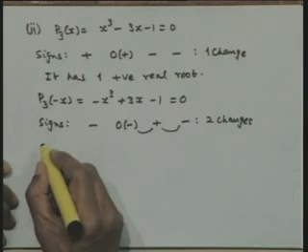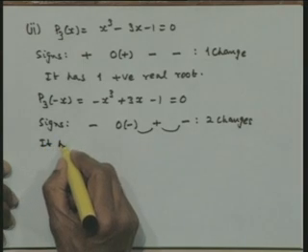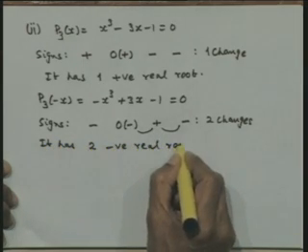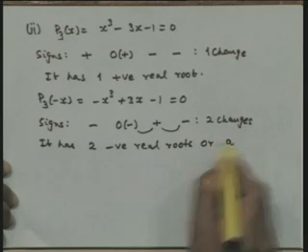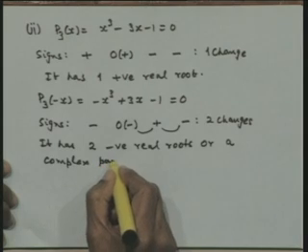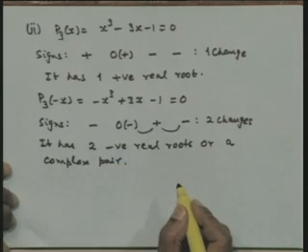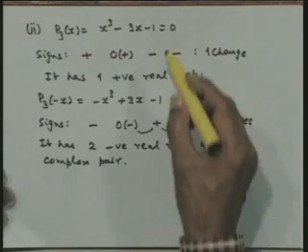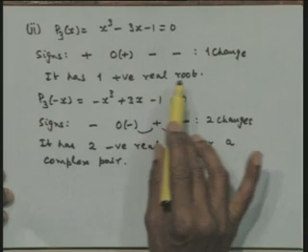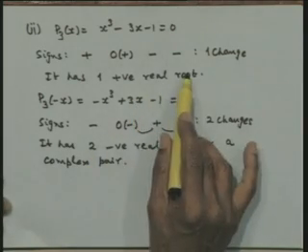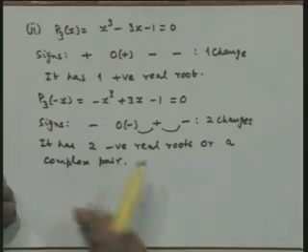Therefore I conclude that the polynomial has two negative real roots or a complex pair. Now in totality, this polynomial has got one positive real root and two negative real roots, or one positive real root and a complex pair.